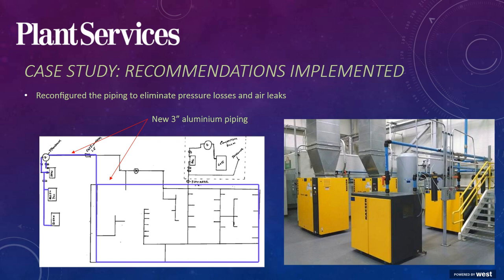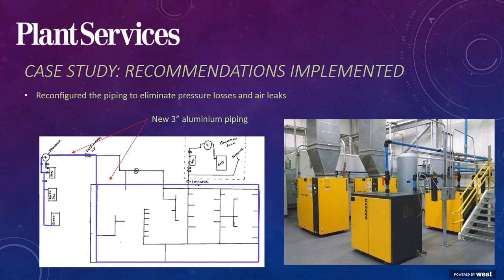Back again to the case study, number one here was reconfigure the piping. The piping was a critical component in the system's optimization. Creating a closed loop allowed the proper system pressure downstream and required less work for the compressor.